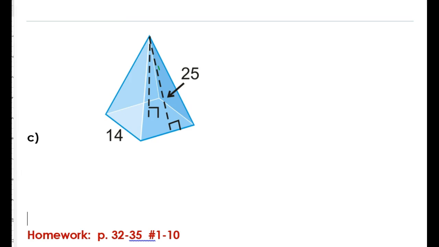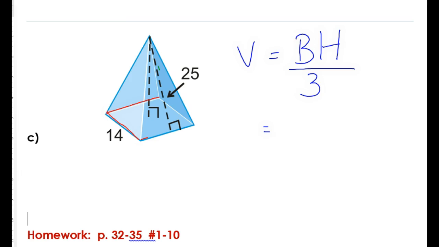Okay, so the volume of a pyramid is going to be the area of my base times my height, which I just figured out, divided by 3. So, well, what is my base in this case? My base looks like it's a cube, right?